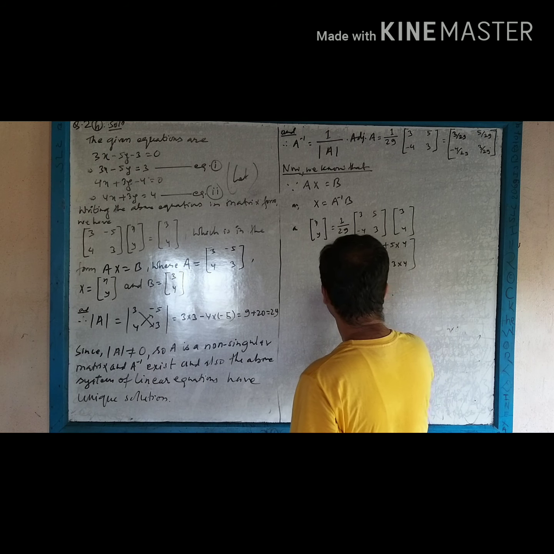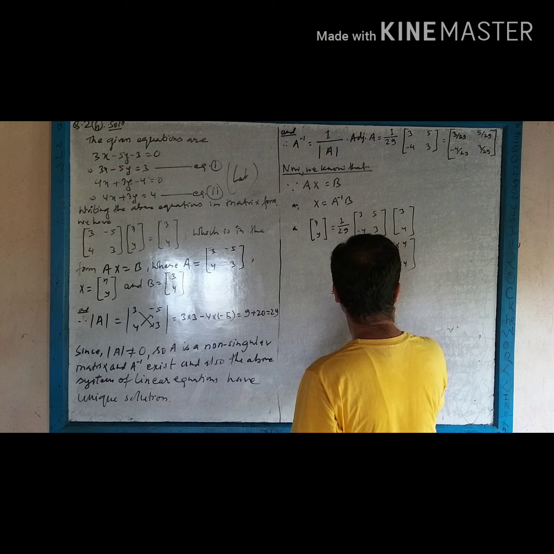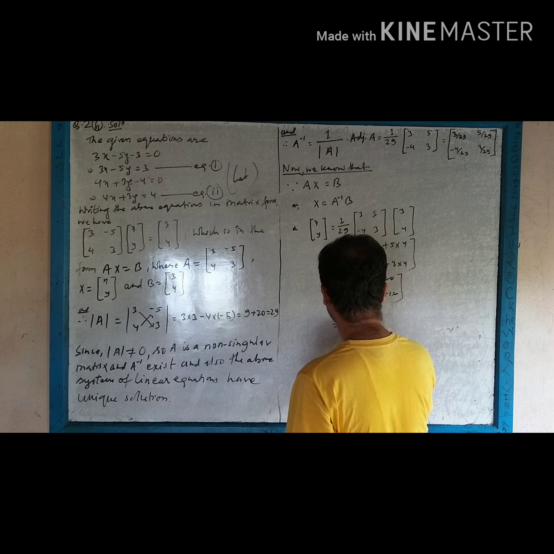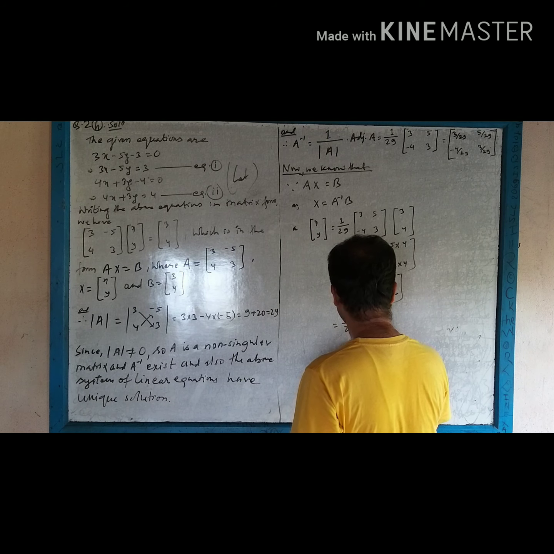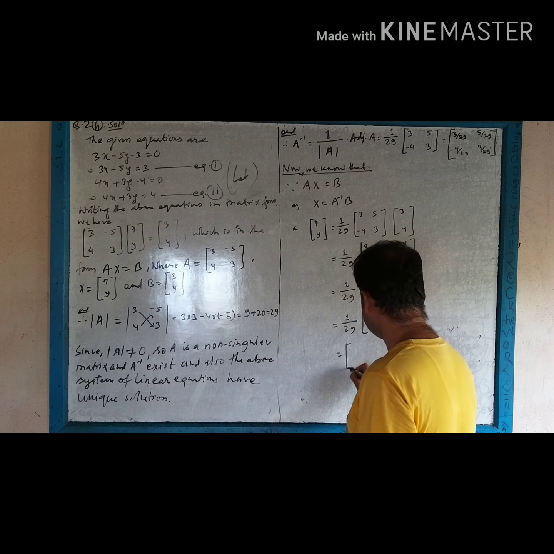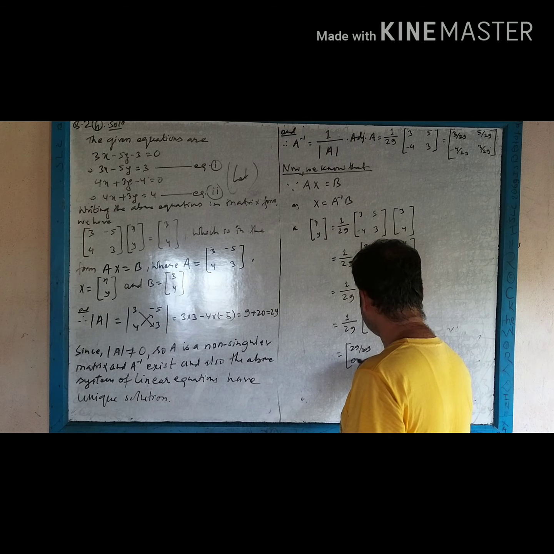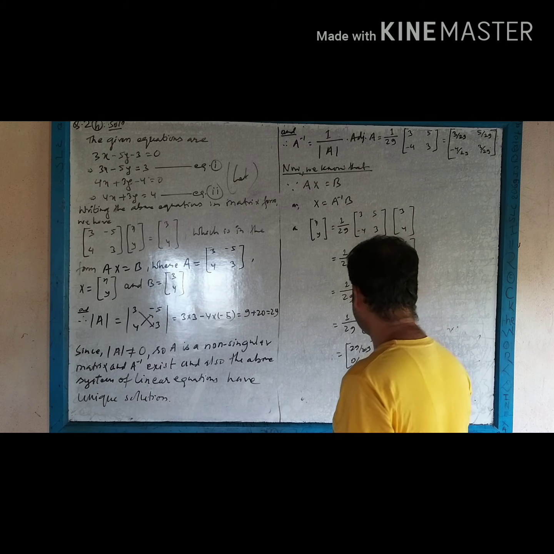So 1 by 29, it is 9 plus 20 and it is minus 12 plus 12. So it is 1 by 29, 29 by 0. It goes like this: 29 by 29 and 0 by 29.